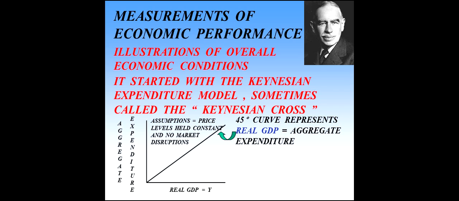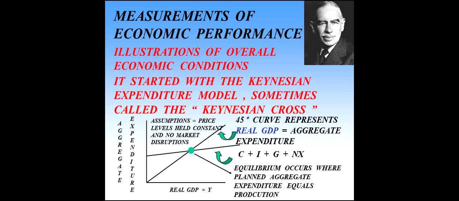Now, the inputs for the expenditure he illustrated with a second curve, and the inputs are the same. You'll notice that I say the same, you'll notice in the equation for GDP, and it was Keynes who came up with the whole idea of how GDP is measured. You see the consumption, the investment, plus the government spending, plus the net exports, and he put all this together in an expenditure for a given year or at a certain point in time and represented it with a curve on the graph.